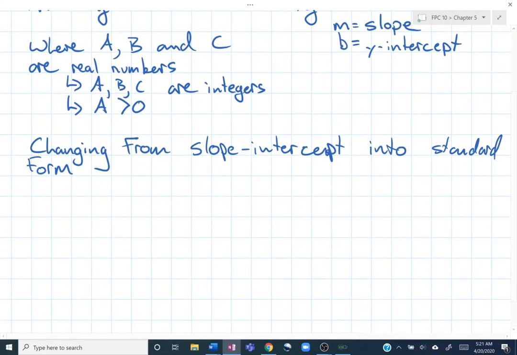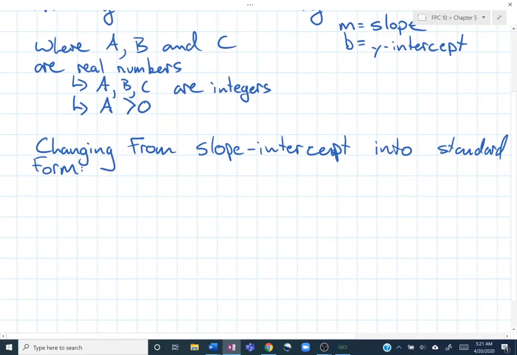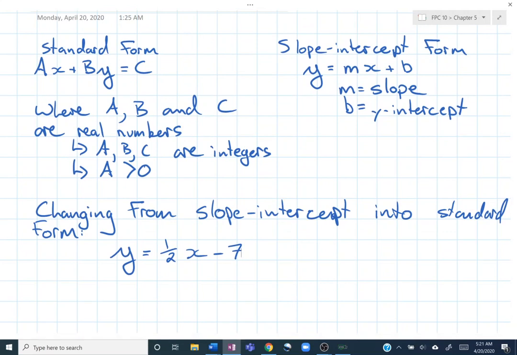So I'm just going to come up with any example here. Let's look at slope-intercept y is equal to 1/2 x minus 7. So the key, I think, to standard form is to solve for that constant, c. In this case, we're going to identify the constant, which is this 7.